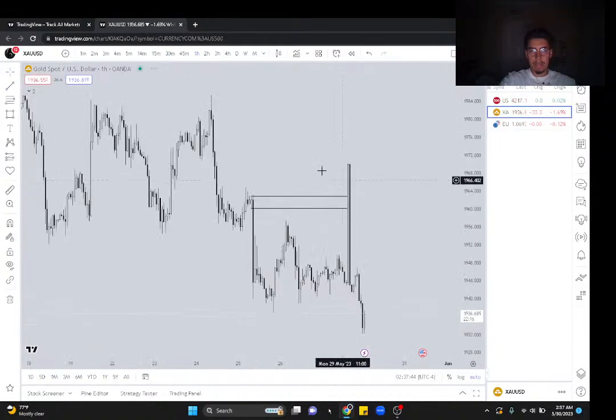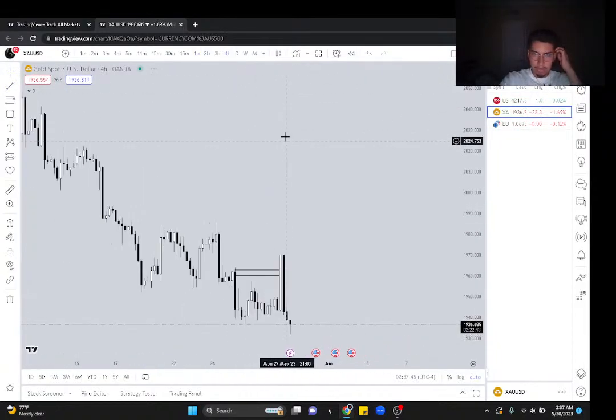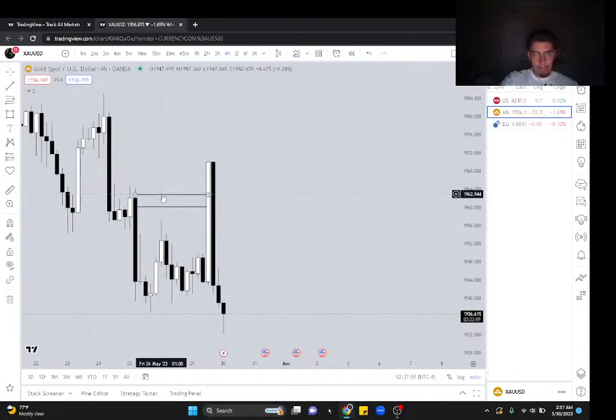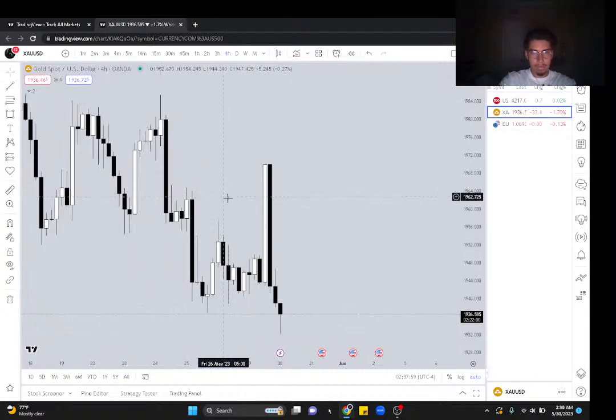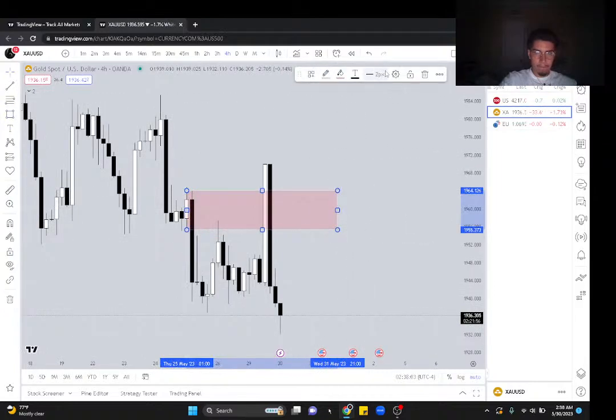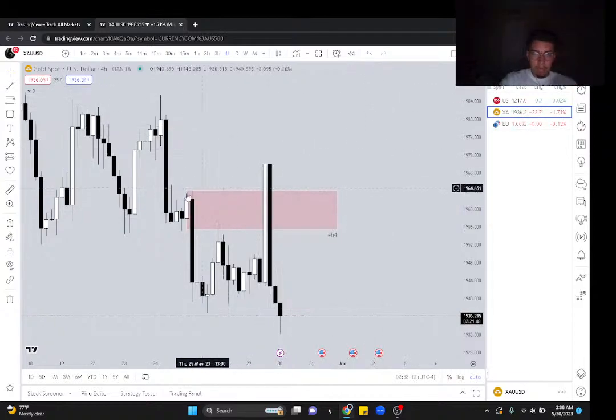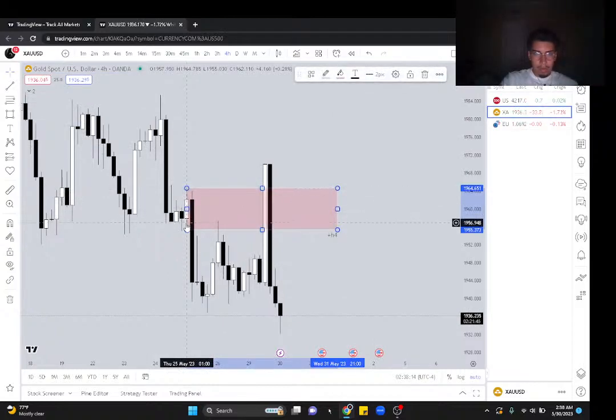Price looks like it dropped down here. Honestly, gold, I just wouldn't touch it right now. It looks very choppy to my liking. Gold looks very choppy.